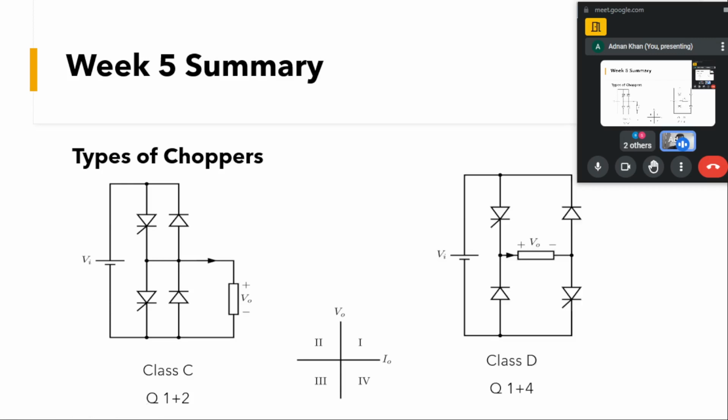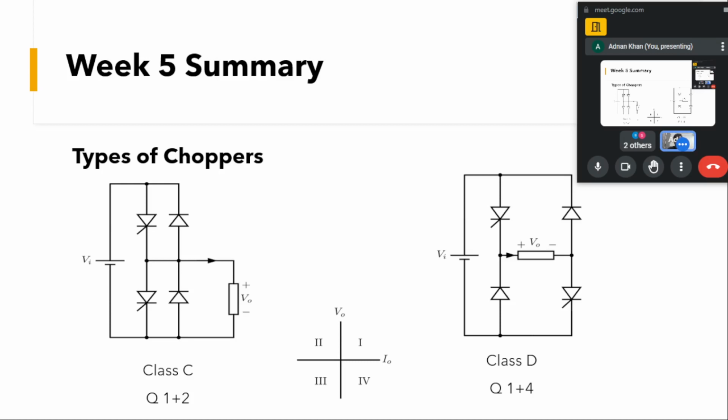Then we saw a chopper where the arrangement of devices was in such a way that we were able to have only the positive current, but the voltage can be positive as well as negative. As such, this class of chopper is known as the class D chopper, which operates in the first and fourth quadrant.